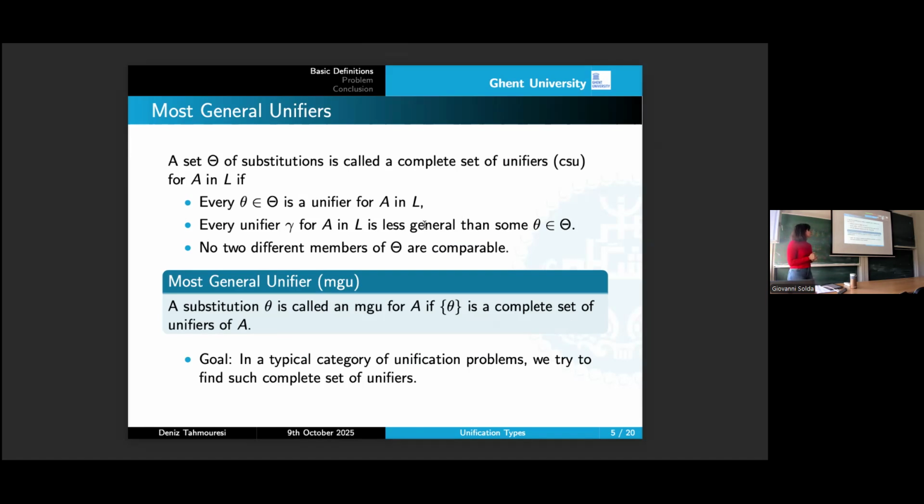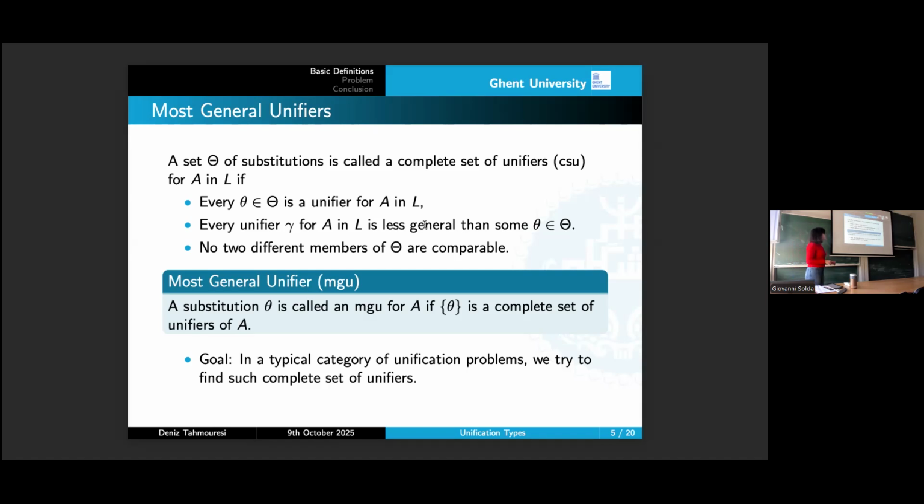The complete set of unifiers should have three properties: every substitution in the complete set should unify the formula; for any other unifier, there should be something in our complete set which is more general than it; and two different members of the complete set should not be comparable.